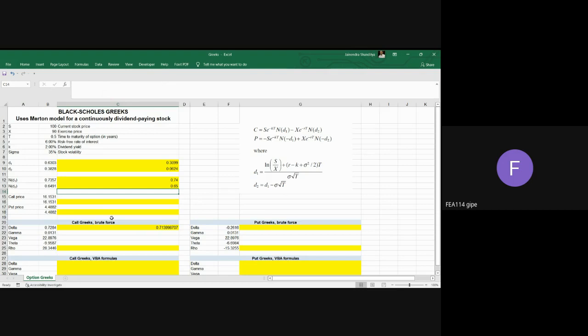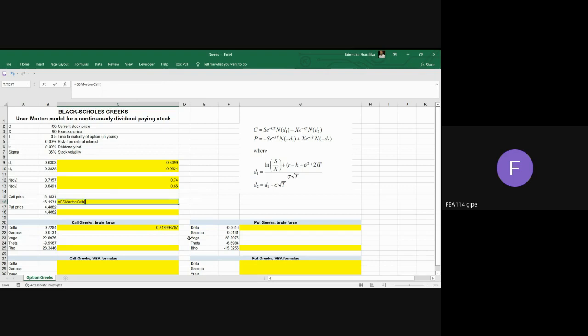Now call prices can be calculated directly, like using the BS call, but here we are going to use a different formula, that is the Merton formula. So I will calculate the first call price using the BS Merton call.